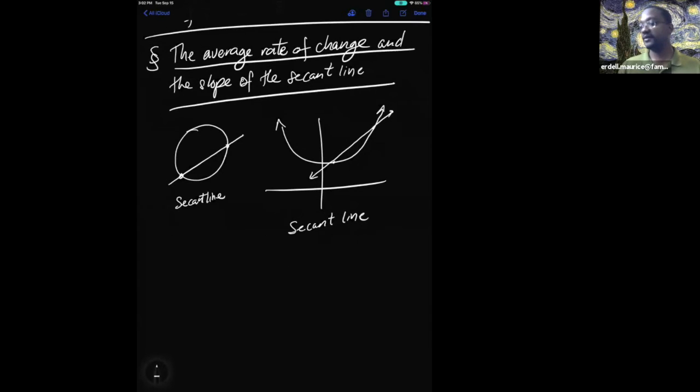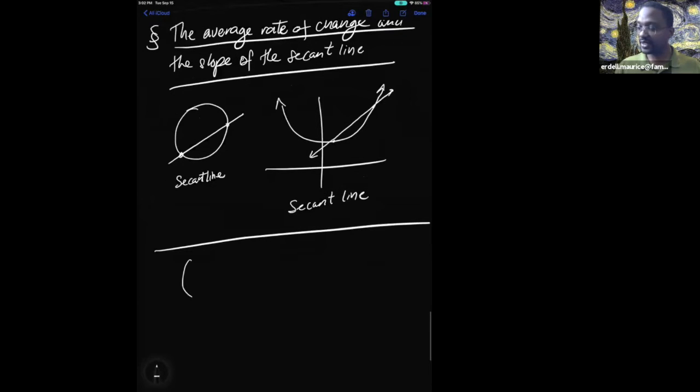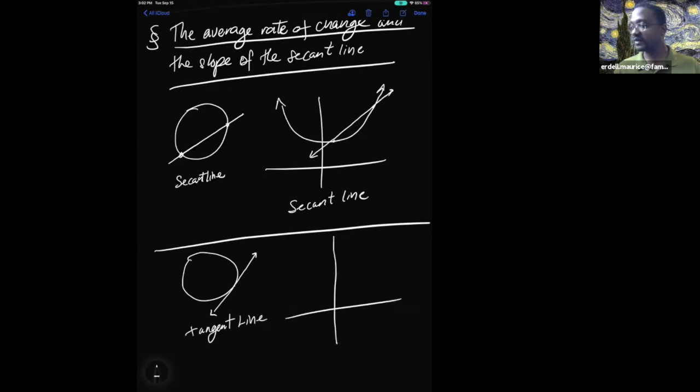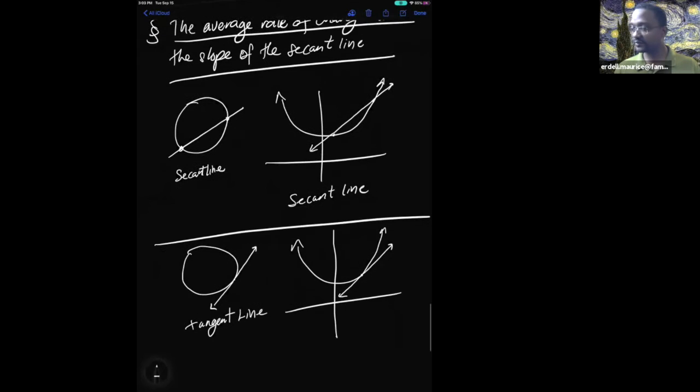On the other hand, if I have a line that touches the graph at exactly 1 point, that line is called a tangent line. Again, looking at the graph of a parabola, a line that touches it at exactly 1 point is called a tangent line.